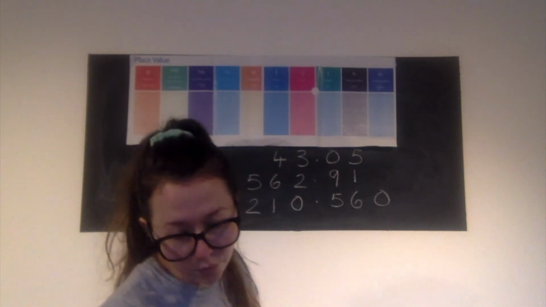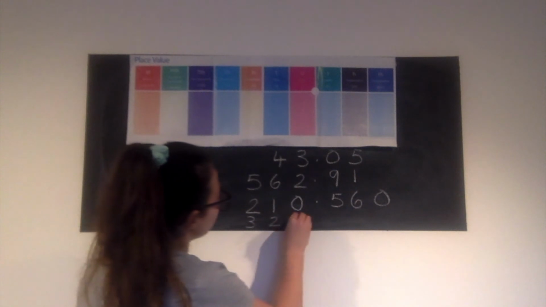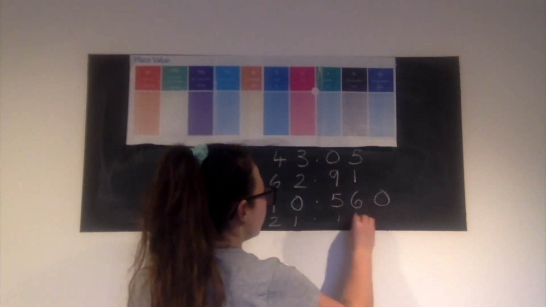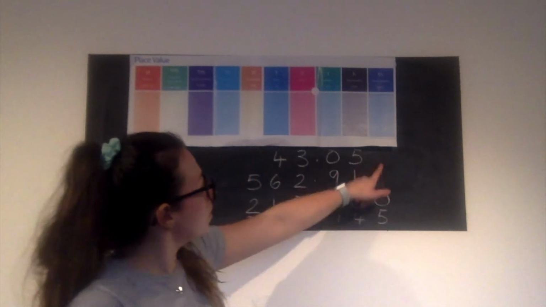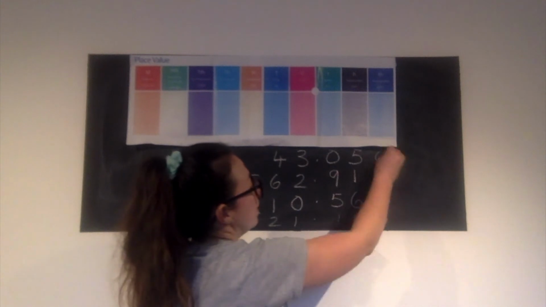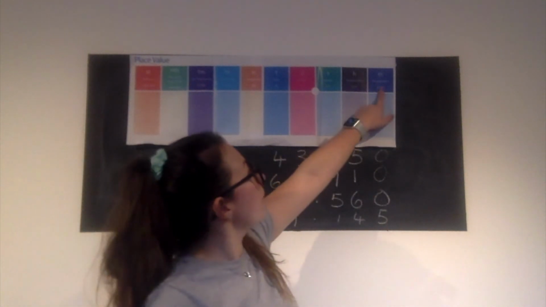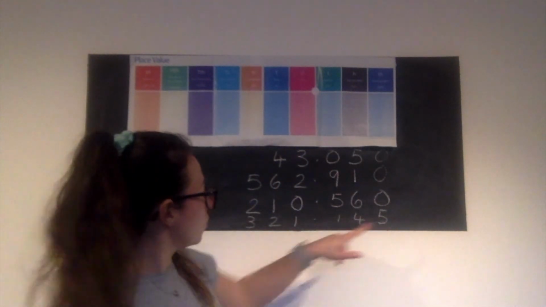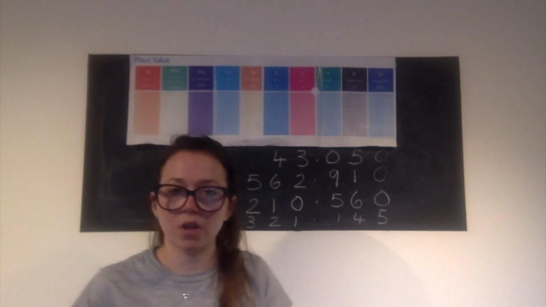And then there was one more, 321.145. Now this time, this 5 is important. I could add zeros on all of these numbers, it wouldn't matter. This time my 5 is in the thousandths column, and so the value of my 5 is 5 thousandths or 0.005. Well done if you got those.